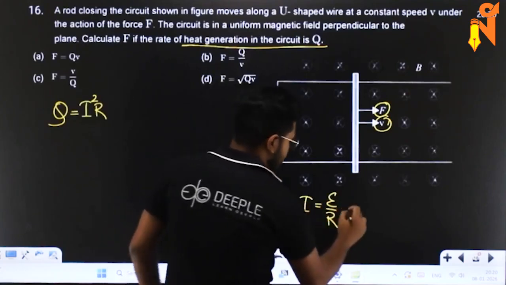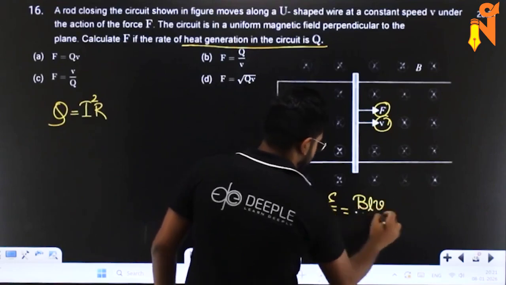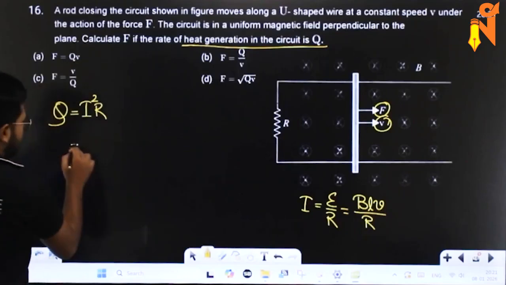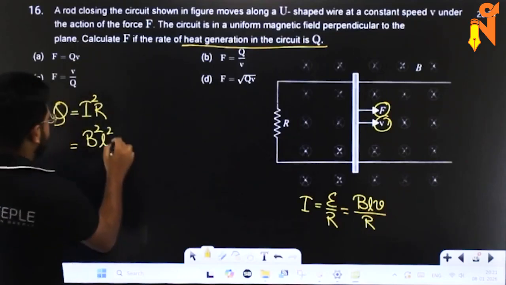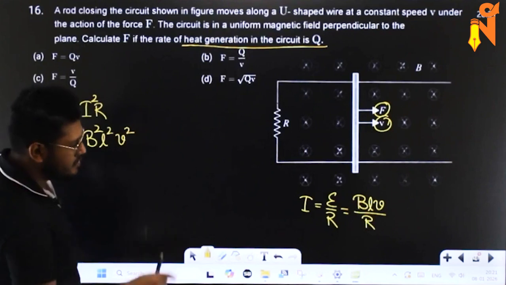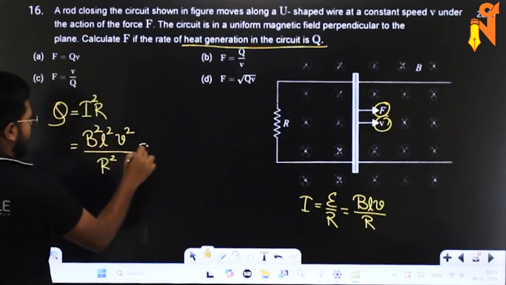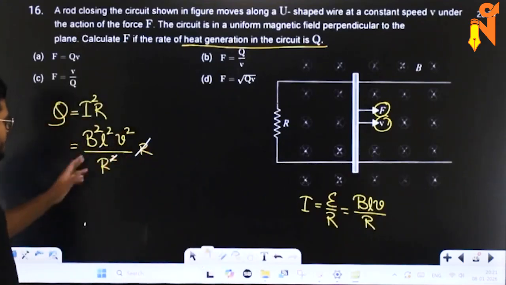And EMF is BLV, by resistance R. So I will just come here: B squared L squared V squared over R squared, and there will be an R, so there will be a cancellation of the power. B squared L squared V squared over R, right?